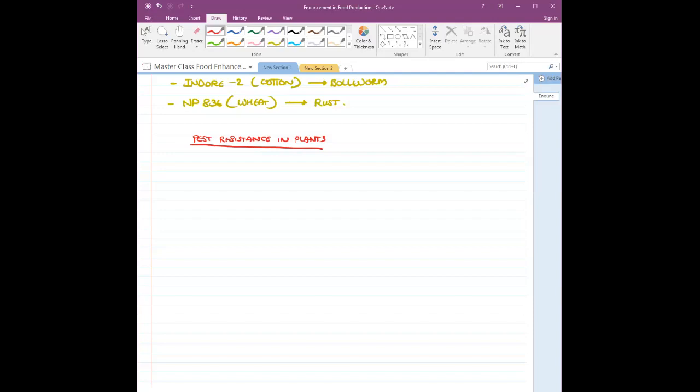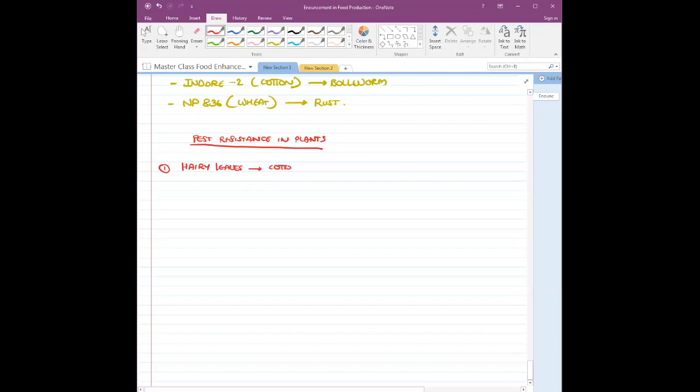So what is going to happen? Let's try to see. In this case, we are going to develop plants, once again by normal breeding only, and we are going to screen for these characters. You are going to see if we have hairy leaves, really hairy leaves, in cotton.